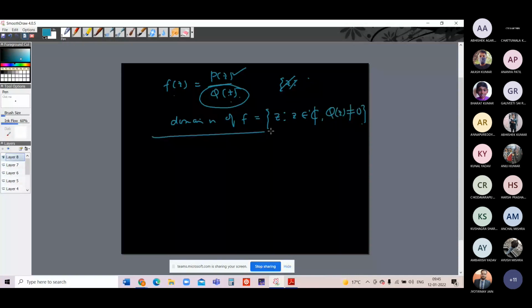All the z in the finite complex plane except the points where the denominator is 0. So it will be the natural domain for a rational function.